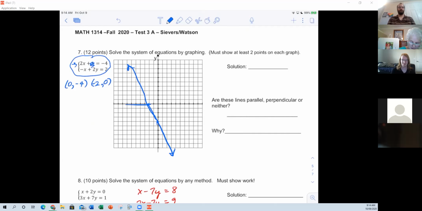And then the second line, I'm going to plug 0 in for x, and that'll give me that y is equal to 1. And then I'm going to plug 0 in for y, and I'm going to get x is equal to -2.